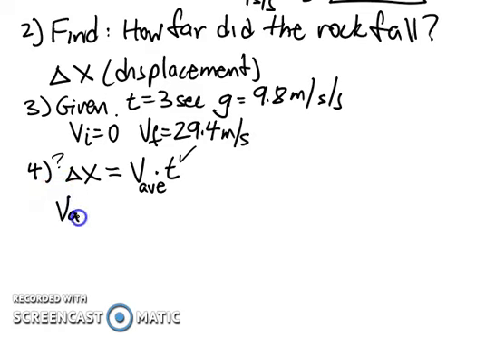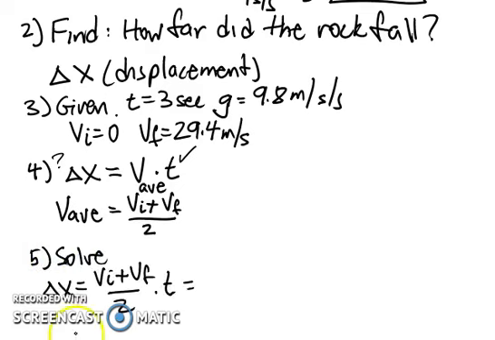So I know my average velocity is equal to my initial velocity plus my final velocity divided by 2, the average of two numbers. Okay, now we have everything we need to solve that, so let's go ahead and solve. So my displacement is my initial velocity plus my final velocity divided by 2, because I could replace that for my average velocity, times time.